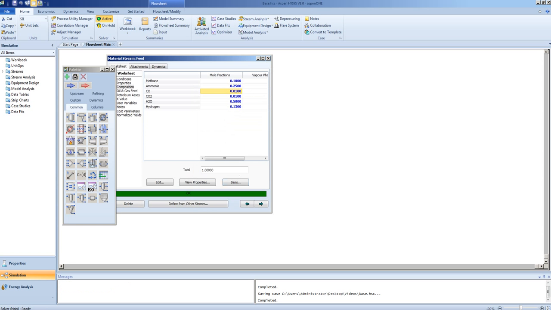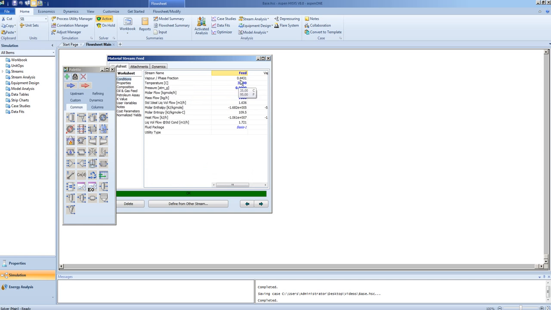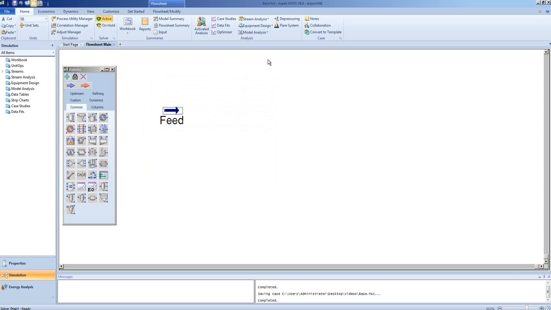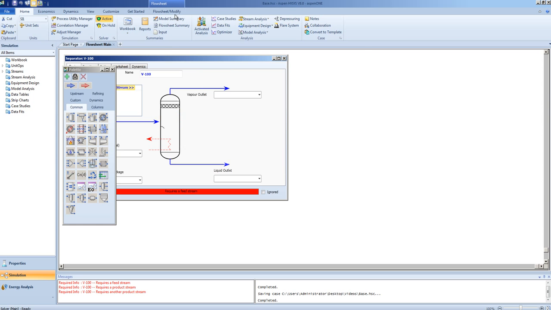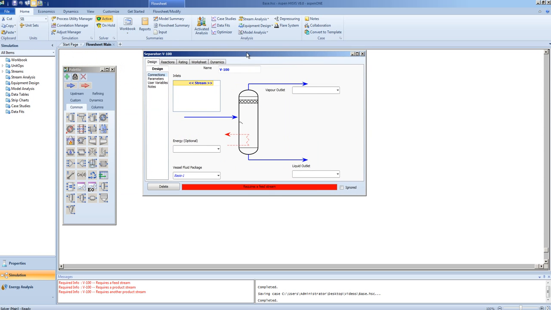So we've set up our stream. It's converged, and we can see that it has some vapor in it. Since this video is on pumping, we should be aware that pumps only handle liquids, and as such, we'll be using a separator upstream, and the separator will be used to separate the liquid from the vapor.